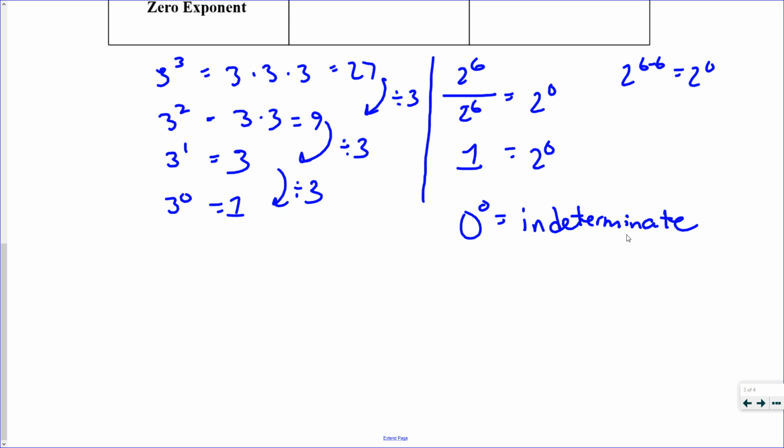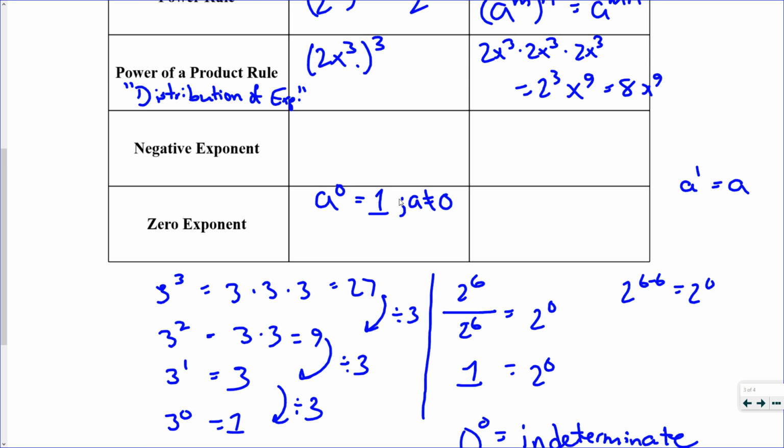And so therefore, it can take on pretty much anything, and it doesn't give us any information as to what the value actually is. So this comes up a lot in calculus, where if you get an expression that simplifies to say 0 divided by 0, it doesn't tell us anything, and then we have to try solving the problem a different way. Okay, so this a is not equal to 0.